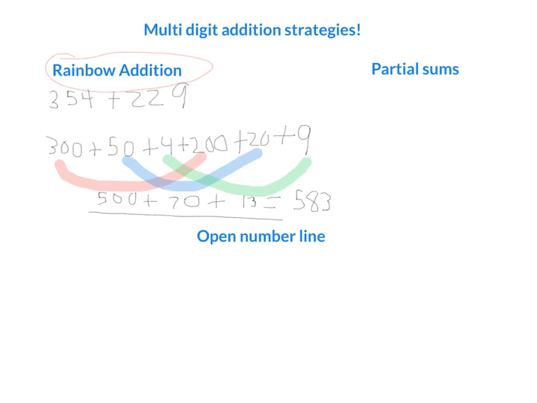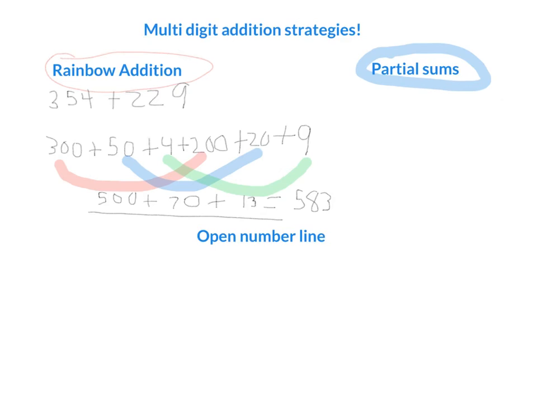This is a strategy that a lot of students in the class like to use a lot. So moving on to our next one, we're going to look at partial sums. With partial sums, once again, we're going to be looking at the ones, tens, and hundreds place.